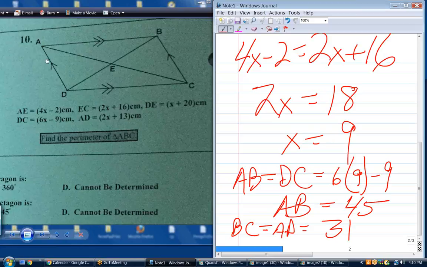Okay. So AC is made up of what 2 segments? 4x minus 2 plus 2x plus 16. Add those 2 together, substitute 9 for x. What do you got? 54 plus 14, 68.